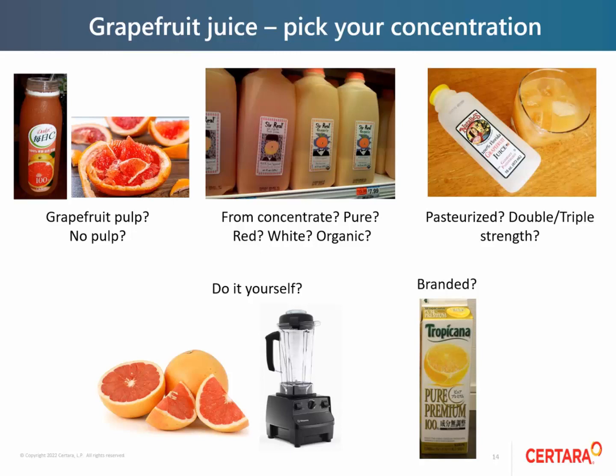You might also have variabilities and uncertainties from using different kinds of grapefruit, for example, red or white. And of course, there's the preparation method and the strength that the juice is available in. So for example, it could be double or triple strength grapefruit juice that has been diluted down. It's also quite common to see people creating their own grapefruit juice, just blending them together, or just buying a certain branded product. So the point I want to get across is it's much harder to estimate perpetrator concentrations across various different sources, and Sibylla will also go into this a bit further in her slides later on.